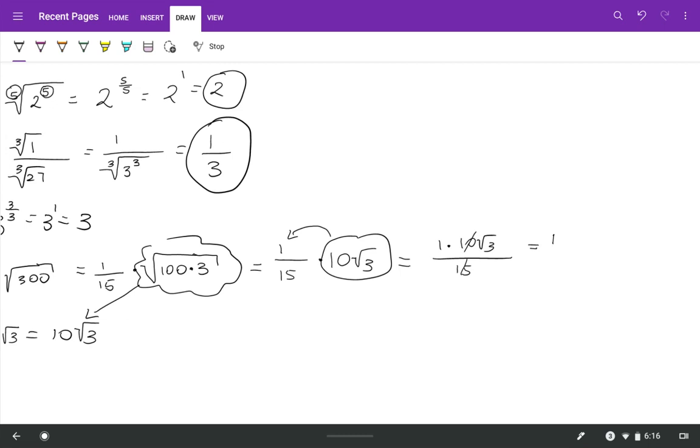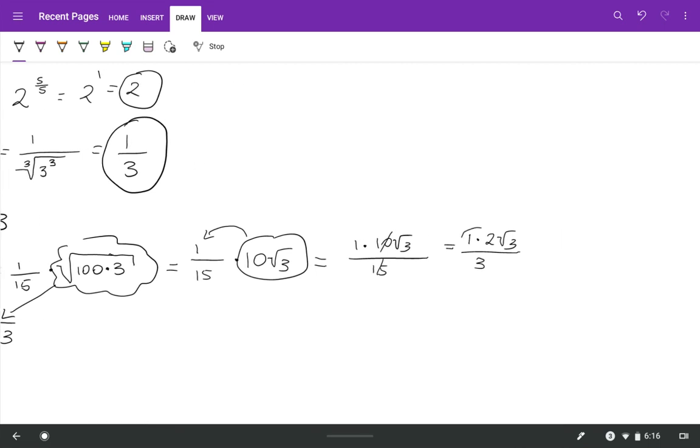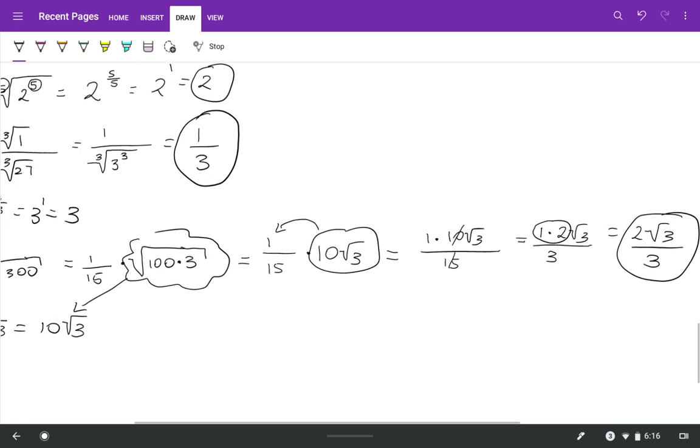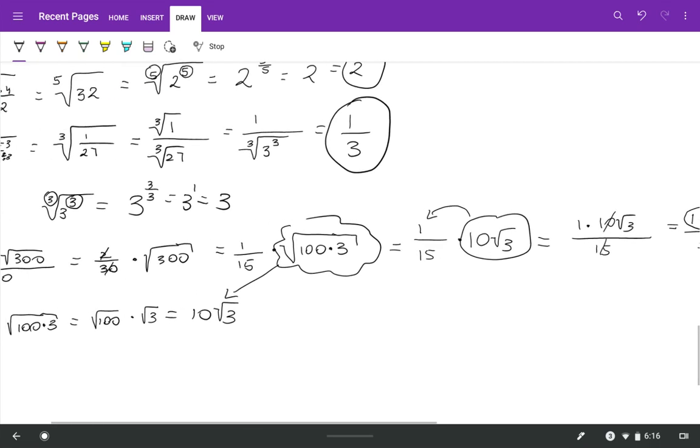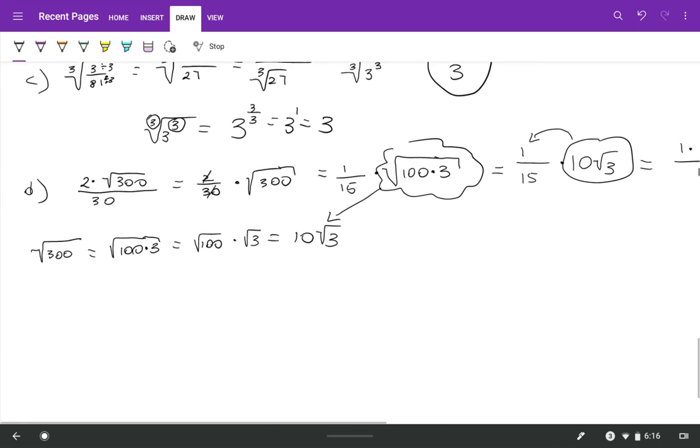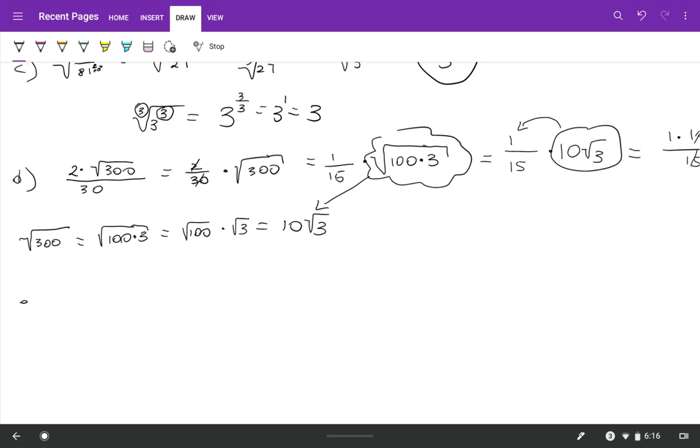So 10 divided by 5 is 2 radical 3, and 15 divided by 5 is 3. Now we just multiply the numbers. 1 times 2 is 2. So we have 2 radical 3 over 3. That's the final solution. One more like that, just for those who need additional examples.